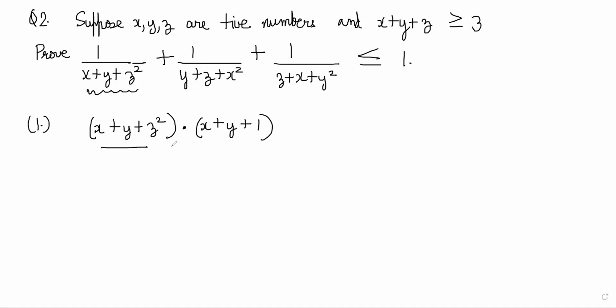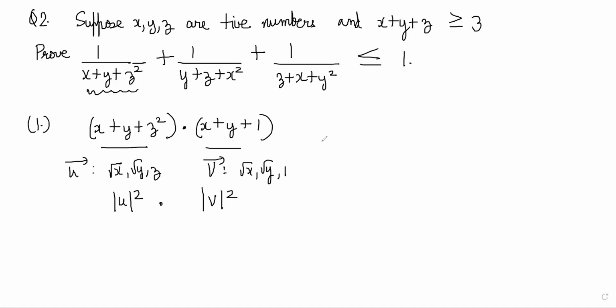If we think of these series of numbers, here we can say that the vector u is root x, root y, and root z, and v vector is root x, root y, and 1. And then this term is basically mod u square multiplied by this term is mod v square. So that should be greater than or equal to u dot v whole square by Cauchy.